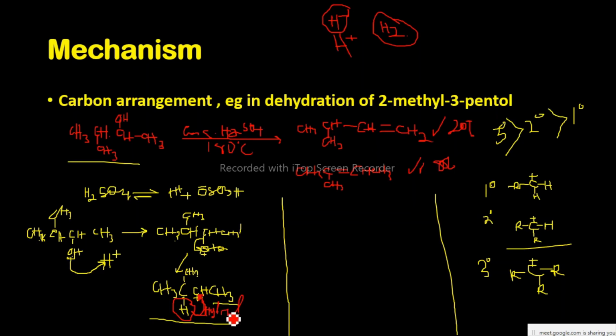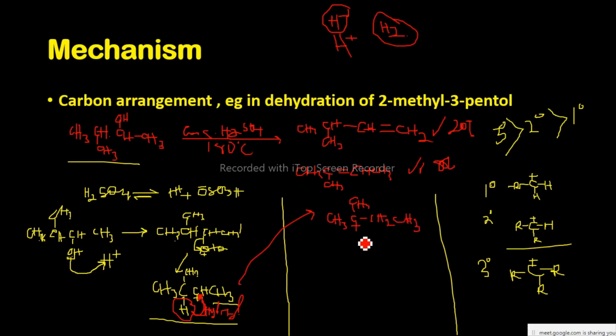You can also write it. And so when you shift, what will you form? You're going to form a new compound, which is CH3, then C with a methyl group here with a plus on this, and then CH2, and then CH3.